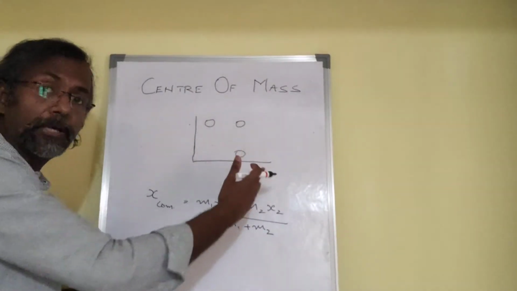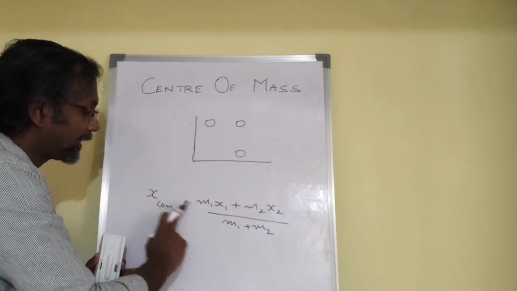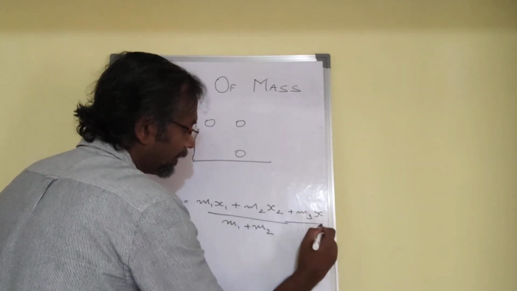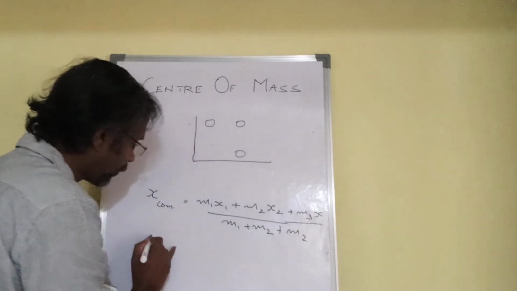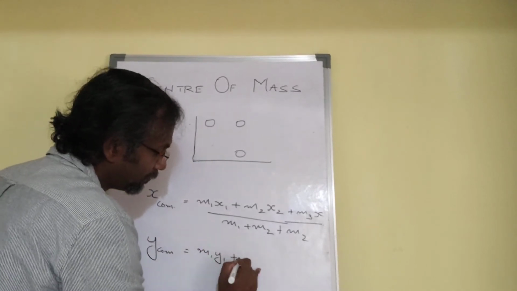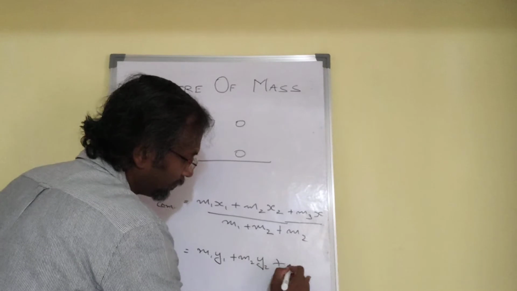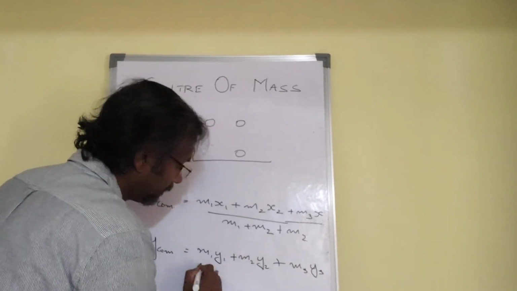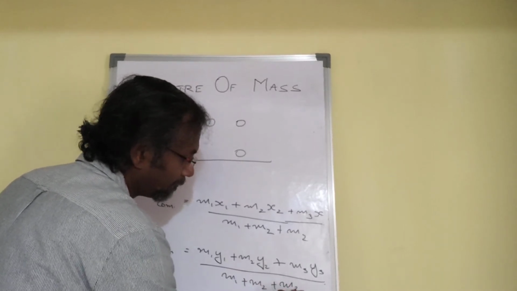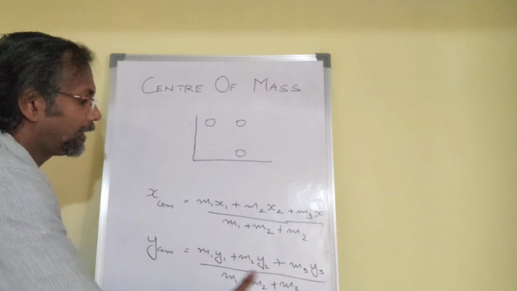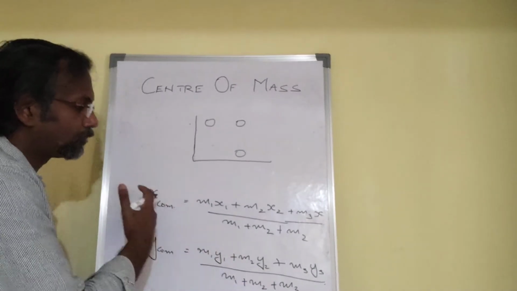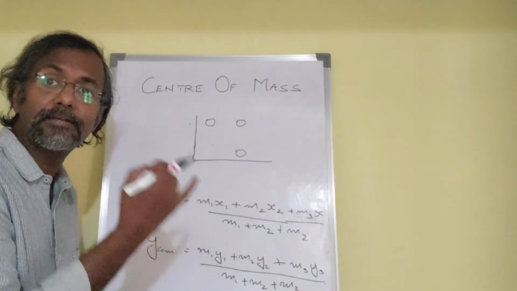Obviously now this is a two-dimensional system, so the x coordinate of the center of mass would be M1 x1 plus M2 x2 plus M3 x3 divided by M1 plus M2 plus M3, and there would be a y coordinate, which would be M1 y1 plus M2 y2 plus M3 y3 divided by M1 plus M2 plus M3. So you can see how you can apply this to any number of particles. Using the coordinate system and this method, you can find exactly where the center of mass is.